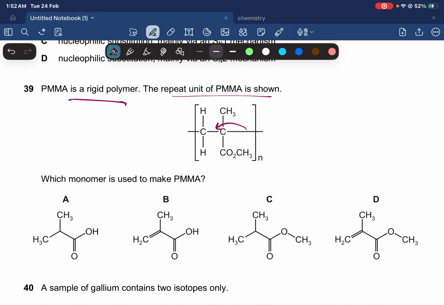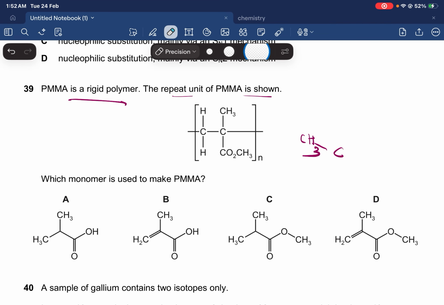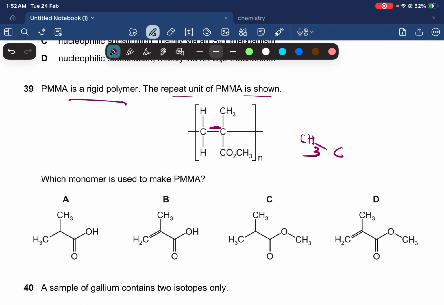Put this bond inside. So I have a carbon that's attached to a CH3. This is going to be a CH3 unit when an H is going to come here. No. CH2, because there's a double bond here. So a double bond here is CH2.